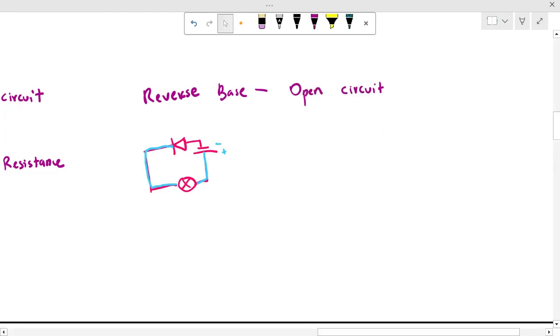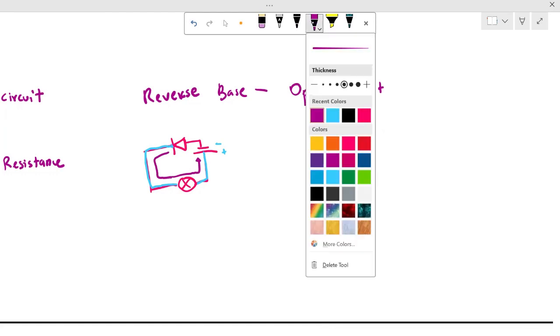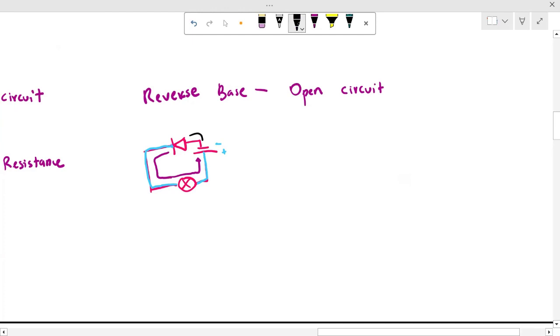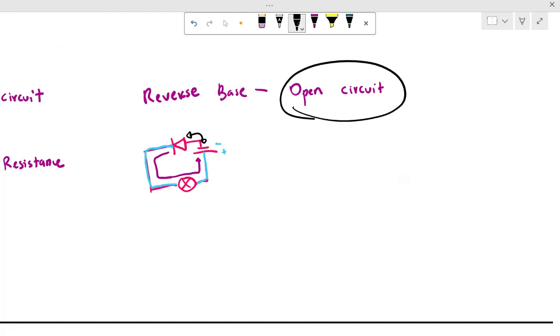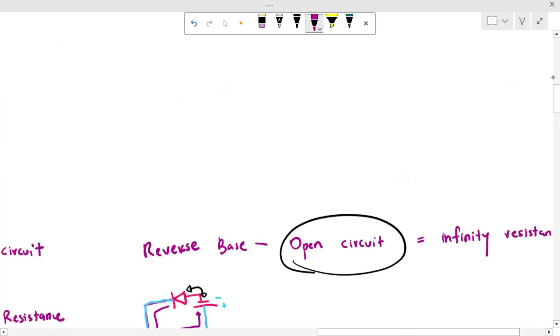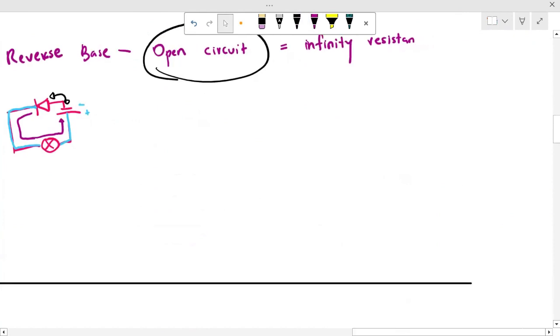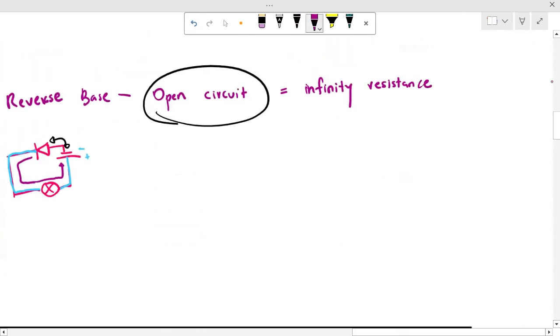So therefore, the current goes back, as the diode sends it back. So this area is open. There's no current going through it. Therefore, it is known as an open circuit, which is also equal to infinity resistance. Oops, sorry about that. Infinity resistance.